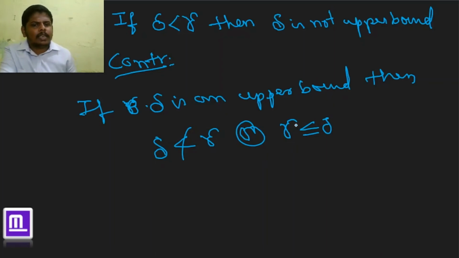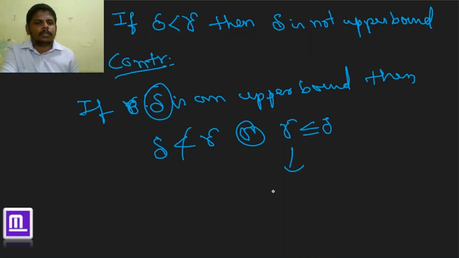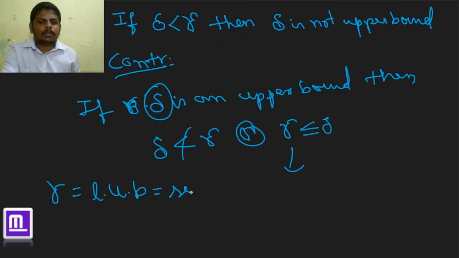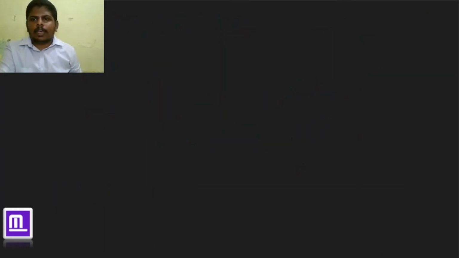What is it saying? If there exists an upper bound, then gamma is the least among the upper bounds. This is the least one. That means our gamma is the least upper bound. It is the supremum. Okay, that's interesting.